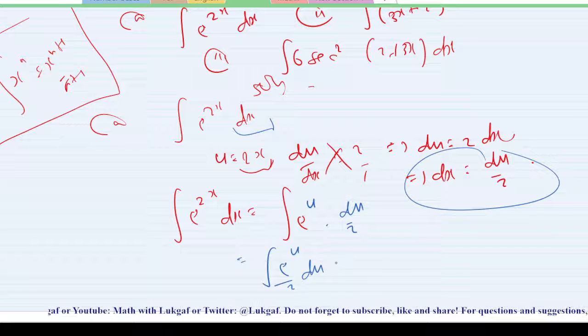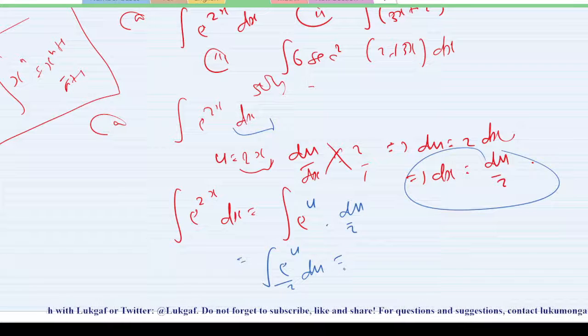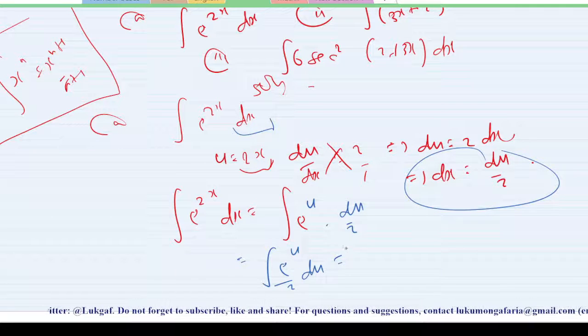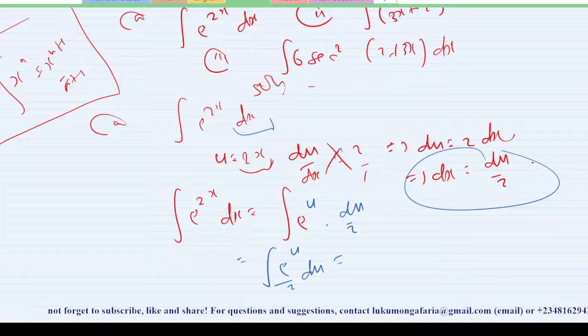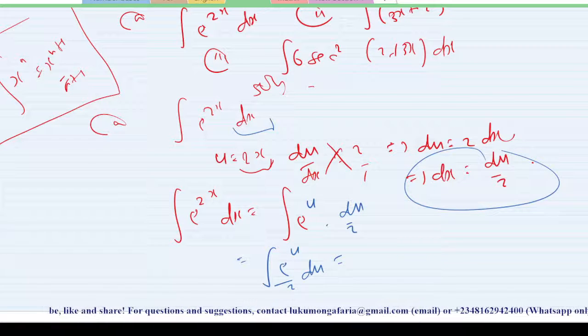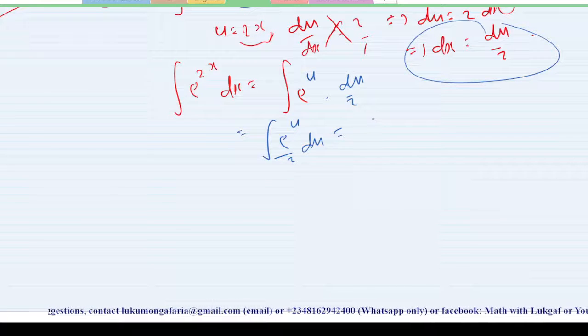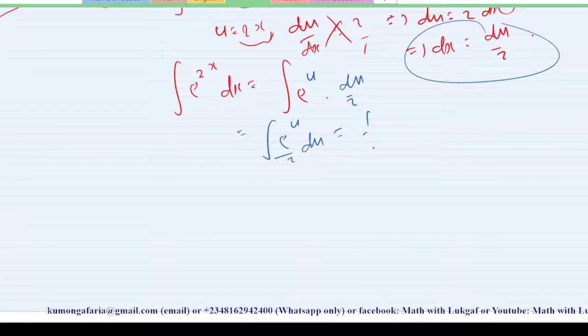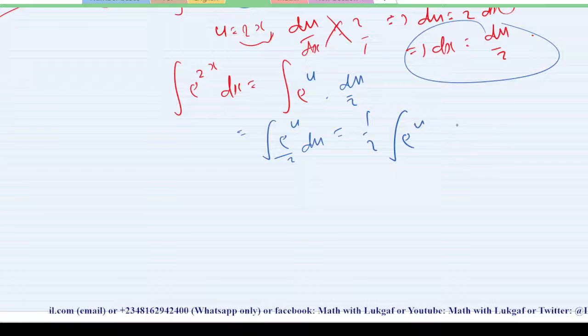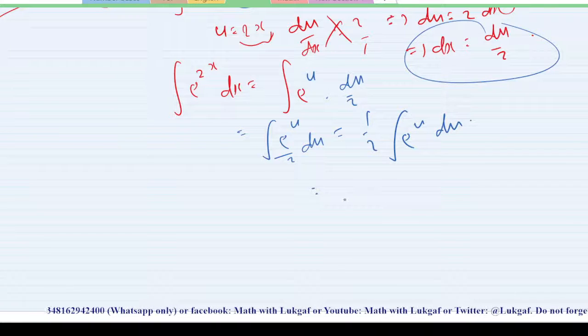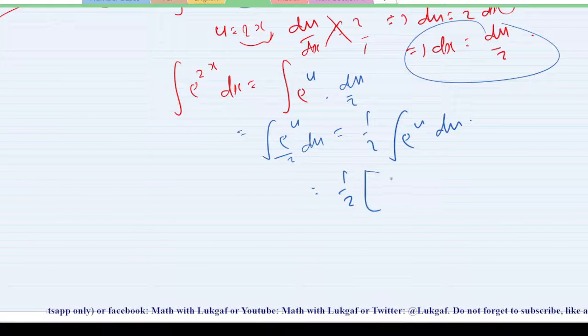And don't forget, when you are integrating with respect to a particular variable, you take out all the constants, which follows from scalar multiplication. Then you have 1 over 2 integral e raised to power u du.